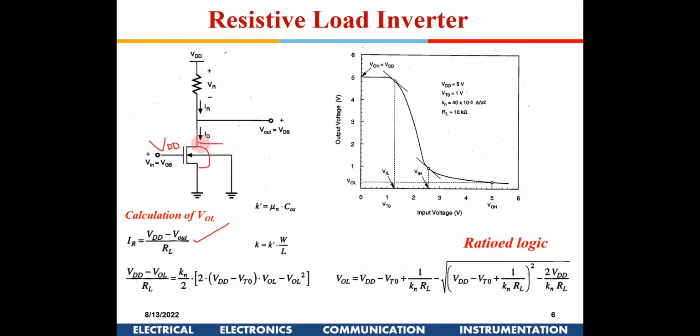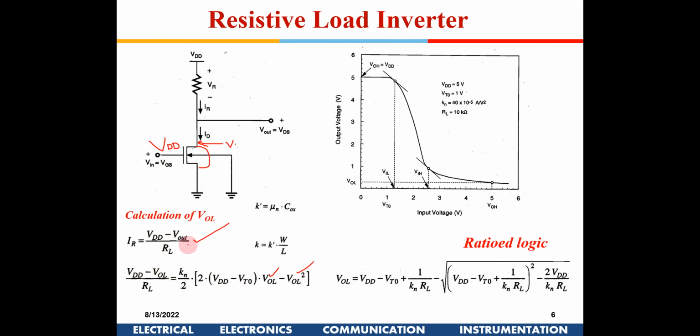So VDS, from here to here, this is the output and this is ground, right? VDS is this voltage, which is VOL. So VGS is VDD. We have applied here VDD minus VTO and VOL square, right?